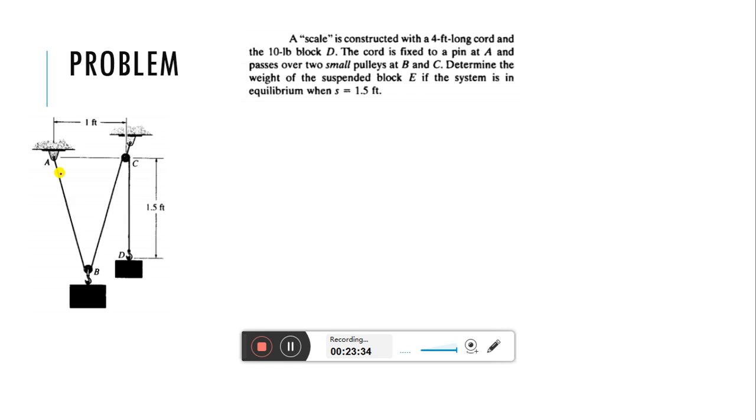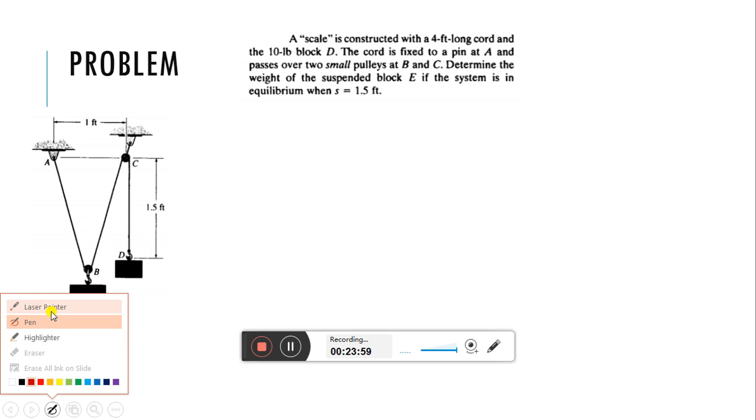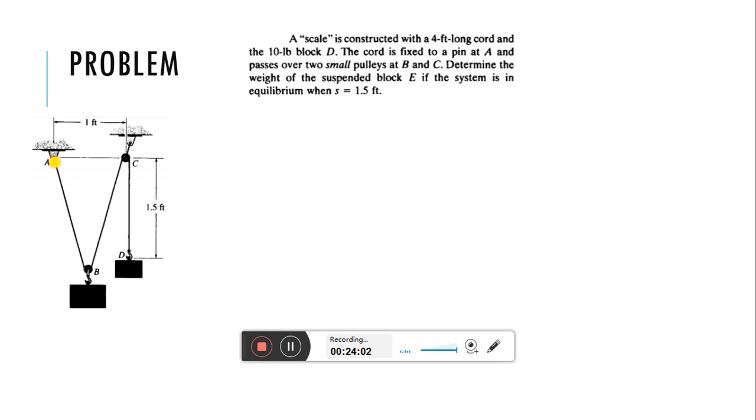And a 10-pound block D. Okay, so this is a block which is having a mass of 10 pounds. The cord is fixed to a pin at A. So this is one end of the cord, the A end. Okay, so this is fixed.